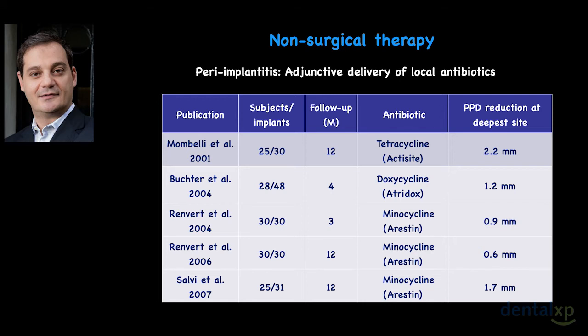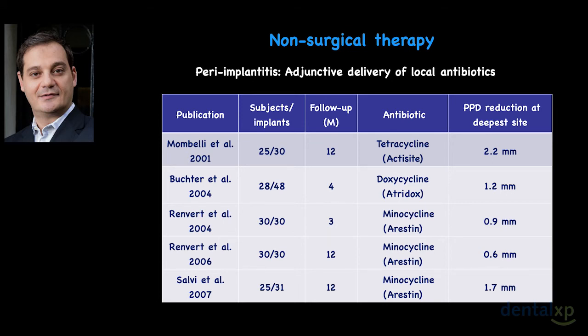Over time it resorbs and releases the tetracycline. And there's the Atridox, which was a chip that you put in, and Arestin, which everybody knows about right now. It's the only one that's still in the market. So they tried putting a local antibiotic into the sulcus of implants.